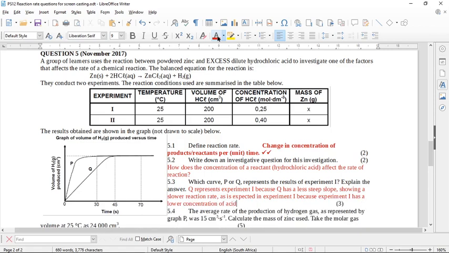Okay, so that's why we picked the one with the less steep slope. We should actually say here because the slope of Q is not as steep would be better English, but you get the picture.